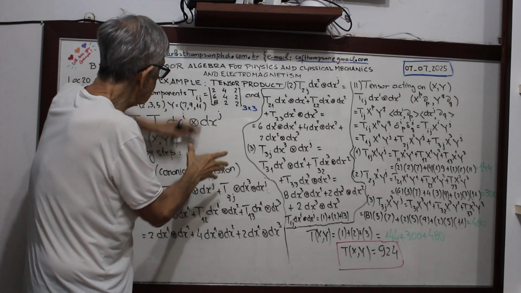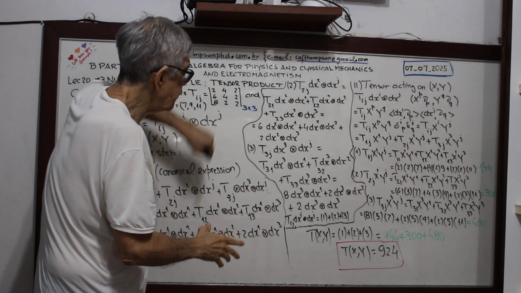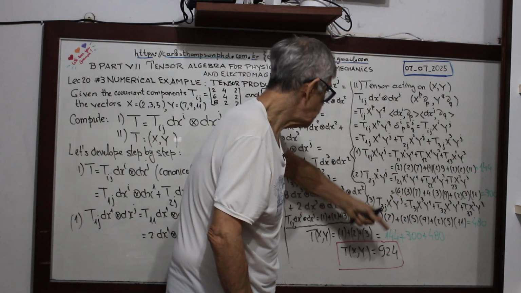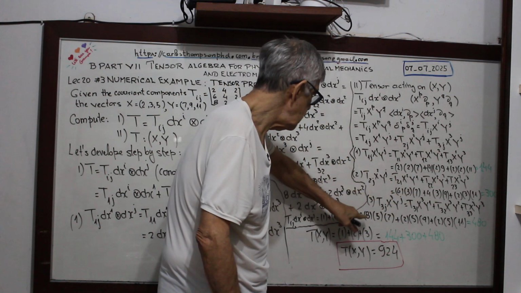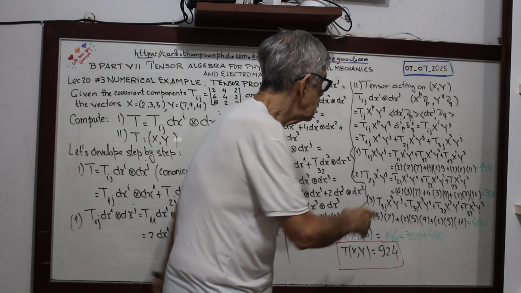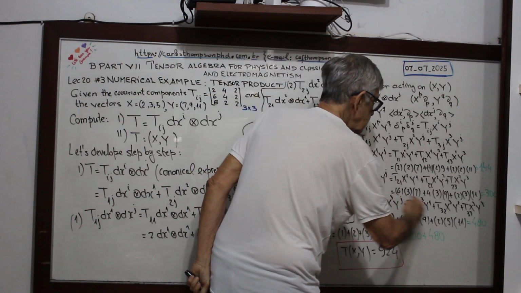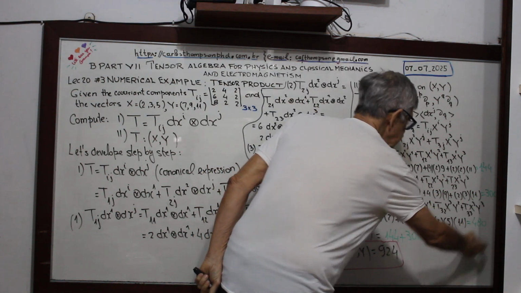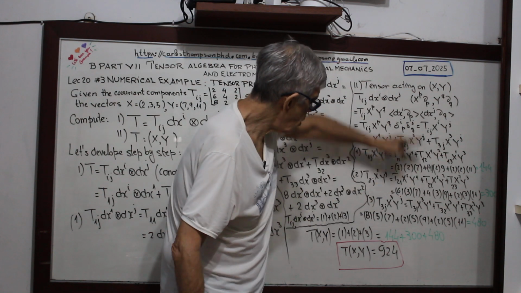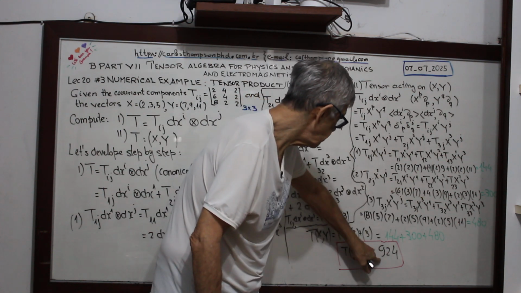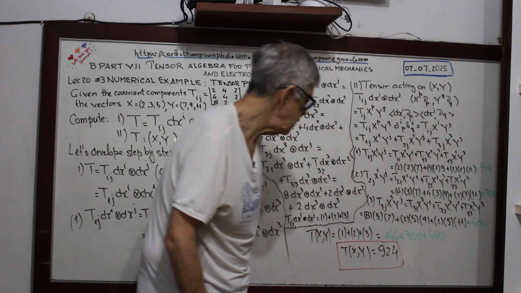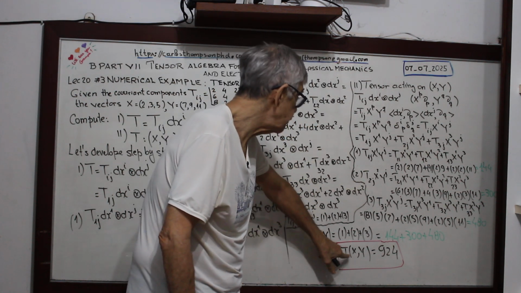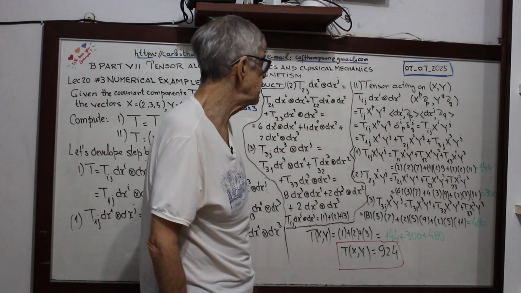So I substitute this coefficient and this vector here, and I can get easily this is 144, this one is 300, and this one is 480. I add all these three, and this comes to 924. That's the answer of item 2 over here.